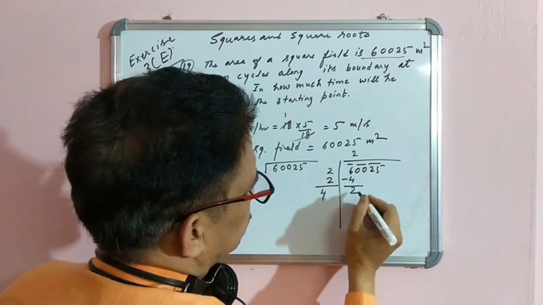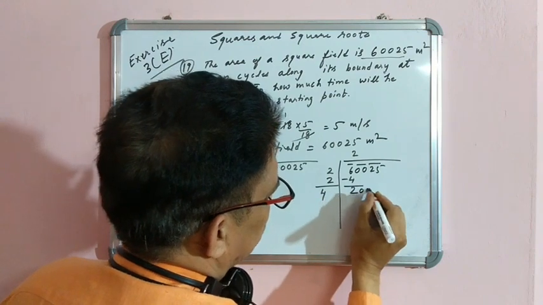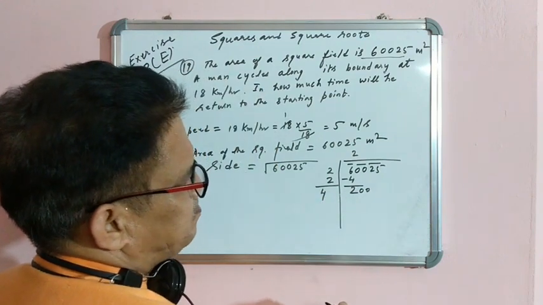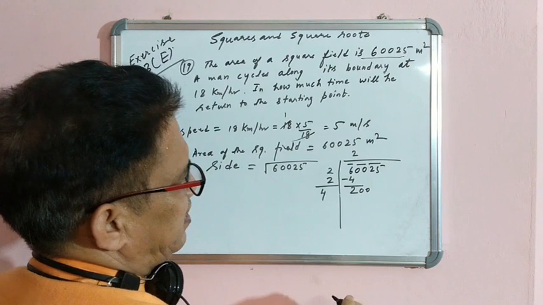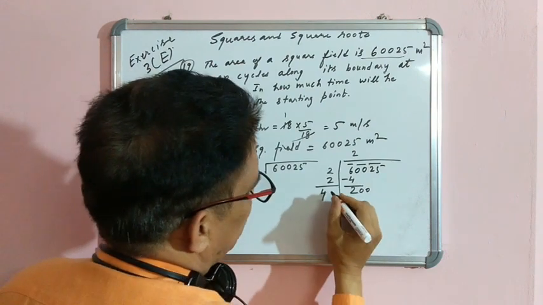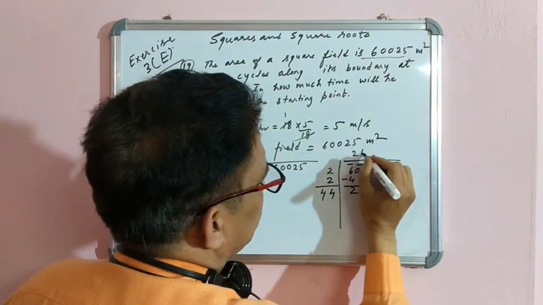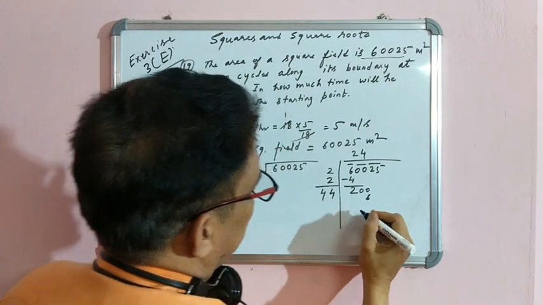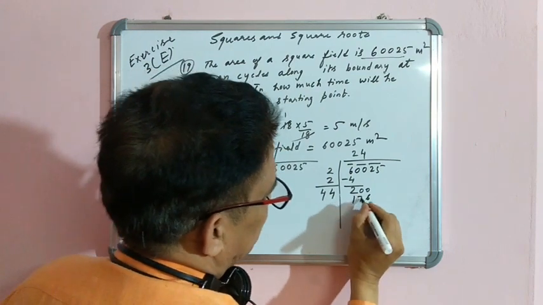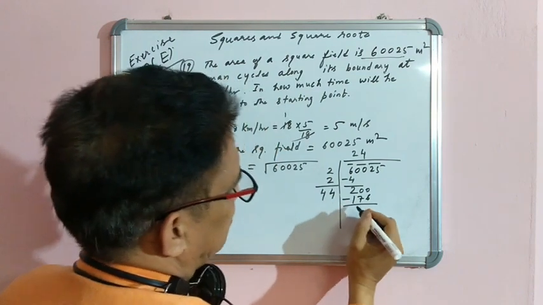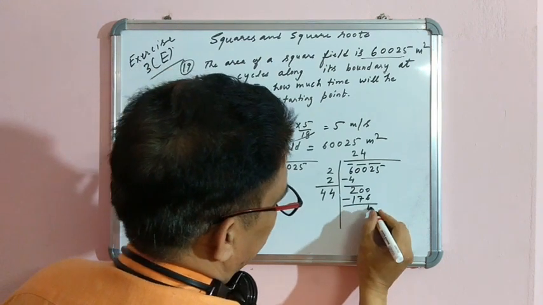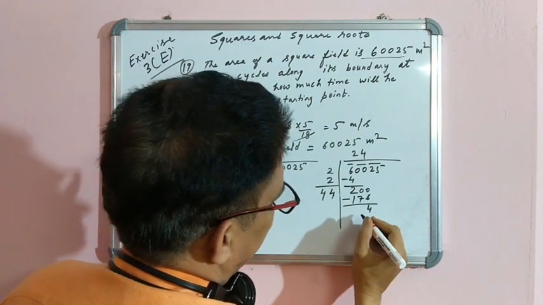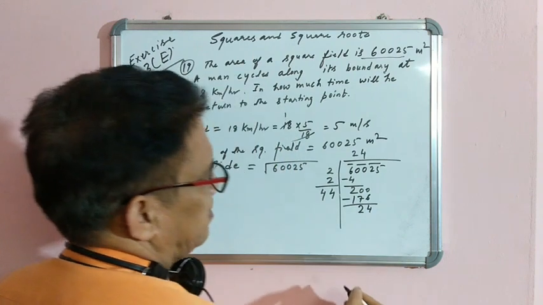Now 00 will come here. I am trying for 4, so 4 4s are 16, then plus 1 is 17, subtract, then you are getting 10 minus 6, that is 4, and 9 minus 7, 24 we are getting here.